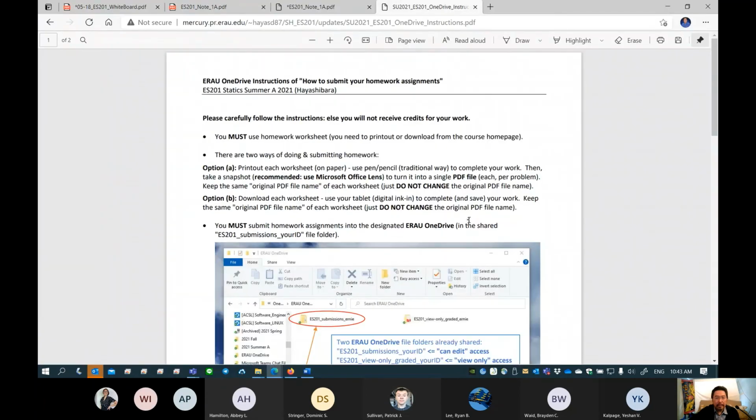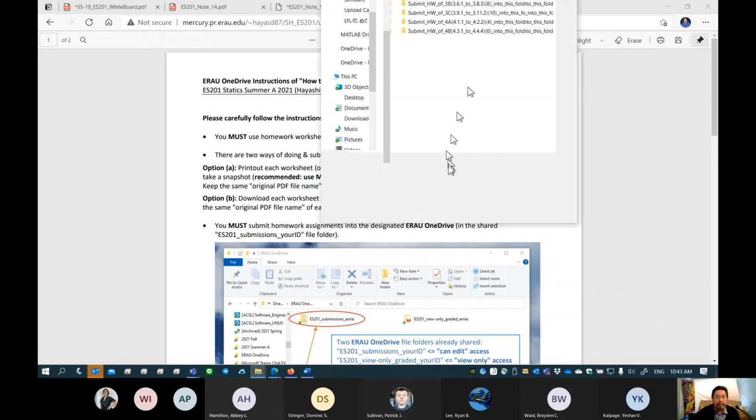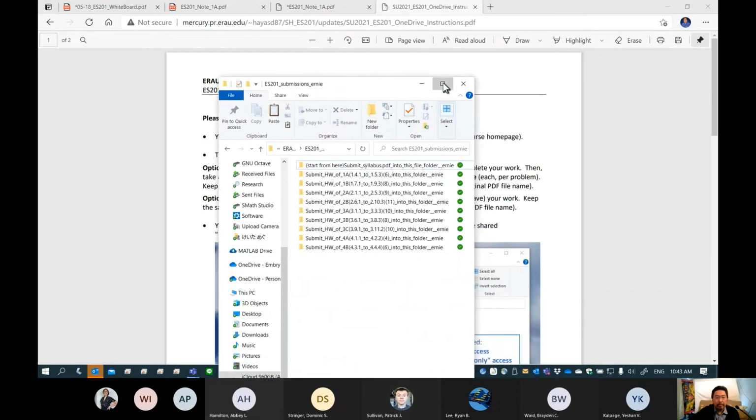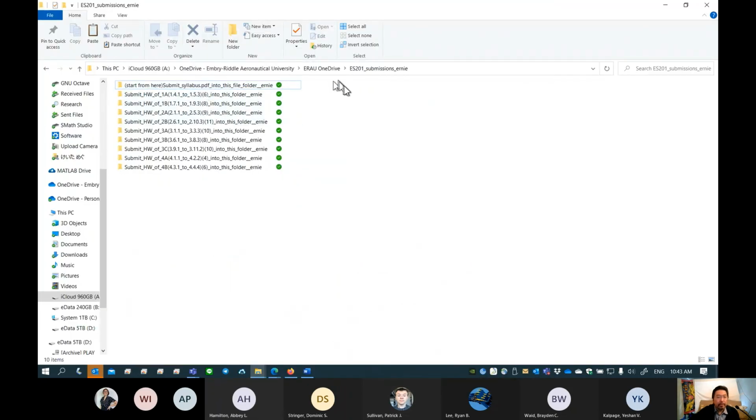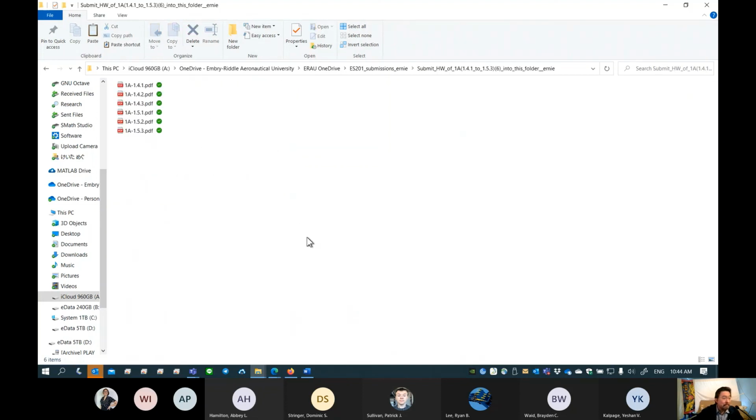All right, so it's going to be a similar manner, starting from section 1A of the homework assignment. You're going to submit just like that. If you print out your homework worksheet on paper, you work on the paper and then take a snapshot, turn it into PDF, make sure you keep the original PDF file name as you download it, and then place it inside of this file folder.